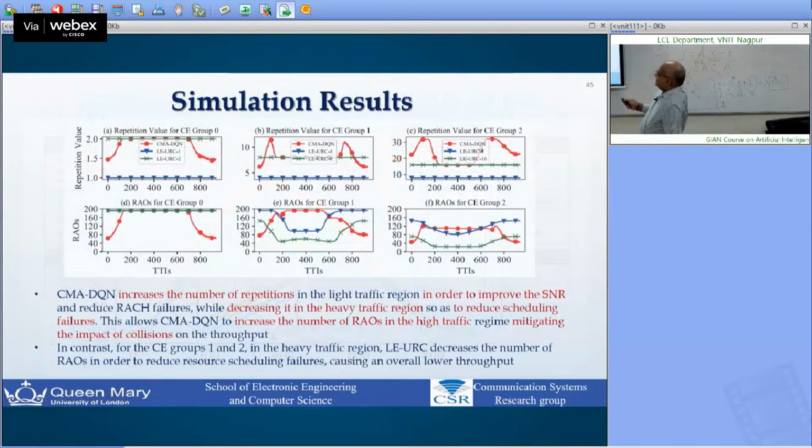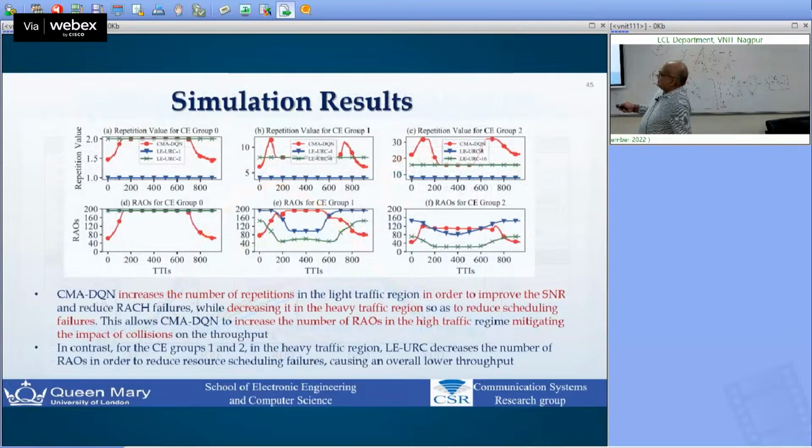If you do the simulation for 10 minutes, and divide by 640 milliseconds, you get the number of frames. Here you see the random access opportunity.